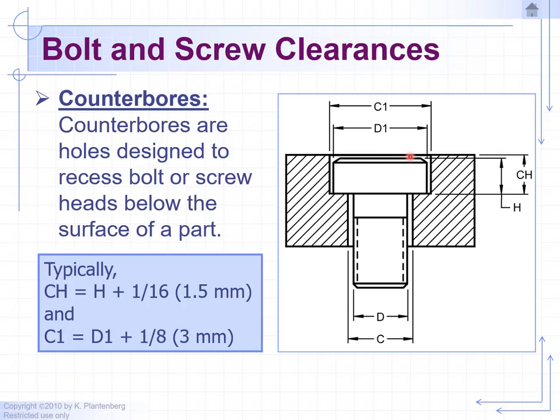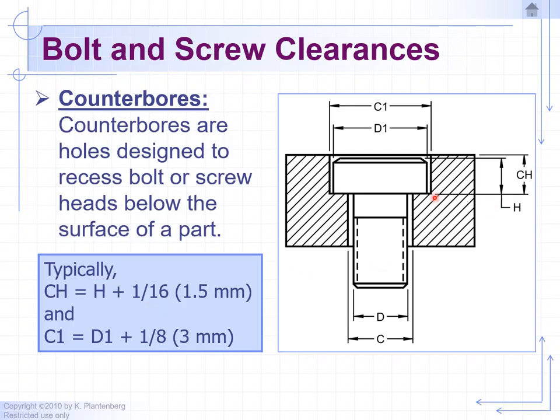Now, as far as how deep, we'll call it CH, how deep is this counterbore hole, the depth? Well, H is the height of the head. So the depth of the counterbore hole will be the height of the head plus 1/16.